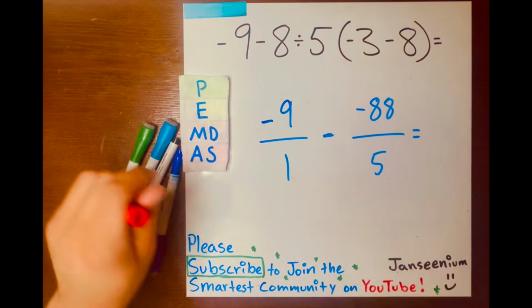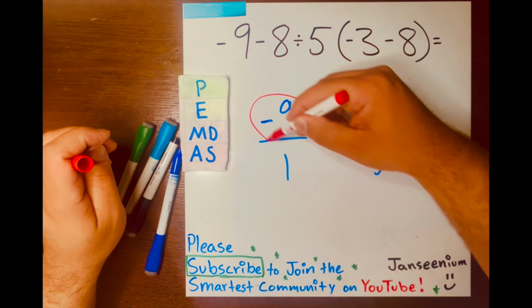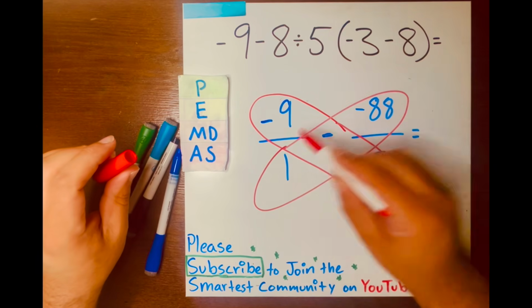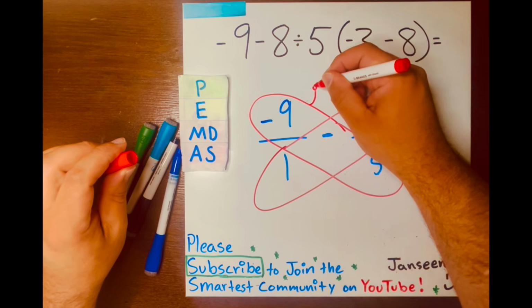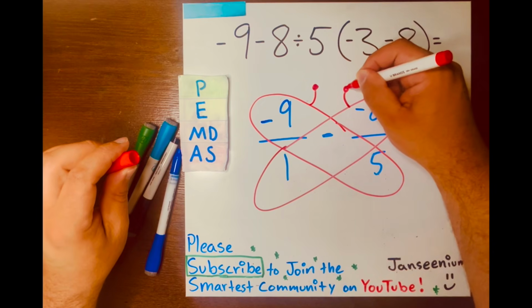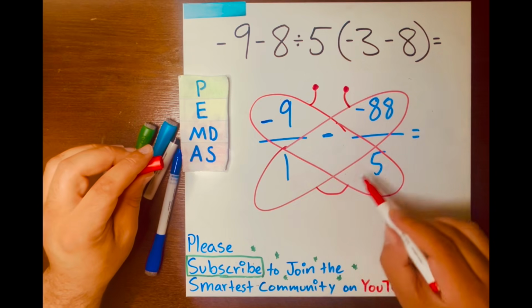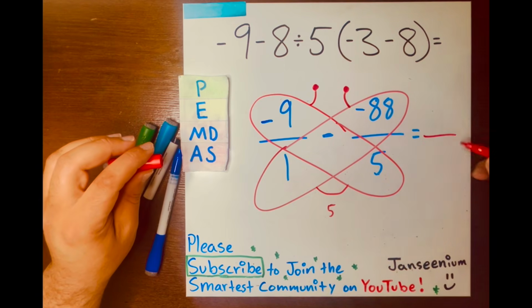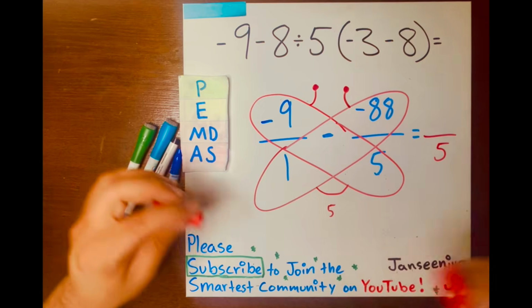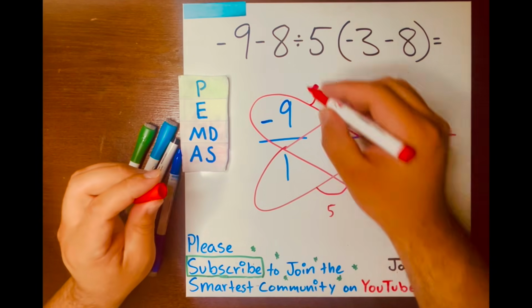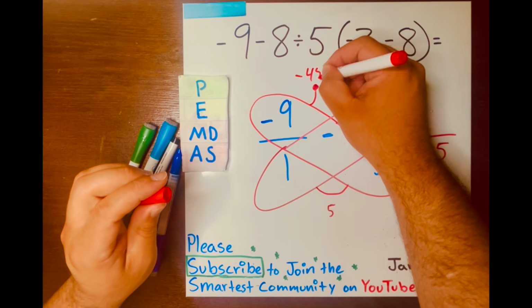And yes, I will draw 2 wings, 2 antennas, and a body. And you multiply what's inside the body and write the results above the antennas. And here's the body, and you multiply 1 times 5, which is 5, and your denominator is 5. Next, we multiply -9 times 5, that's -45.